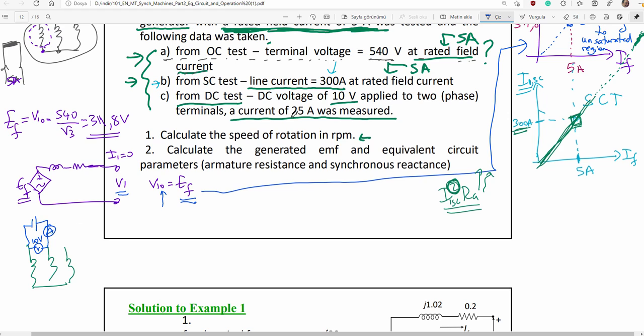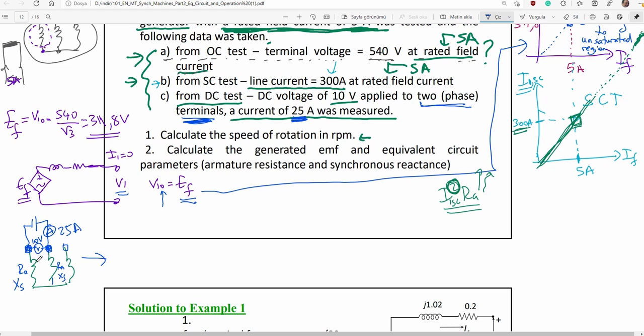Here's an ammeter, which displays 25 amps, and you conduct the experiment between two phase terminals. Here you say U, V, W, three phase terminals. You conduct that experiment between two phase terminals.